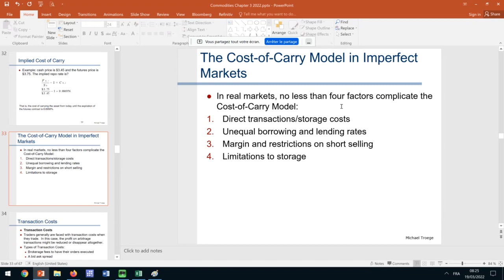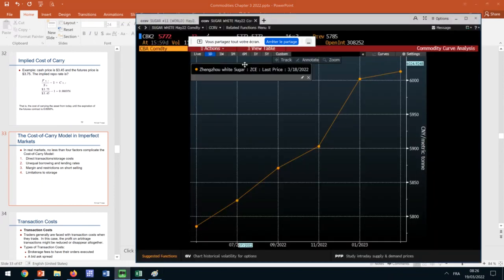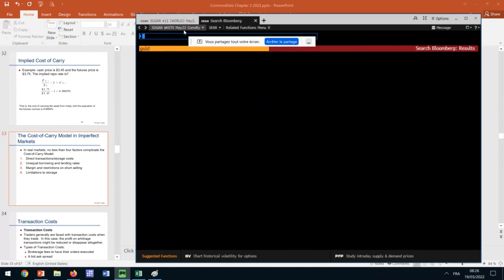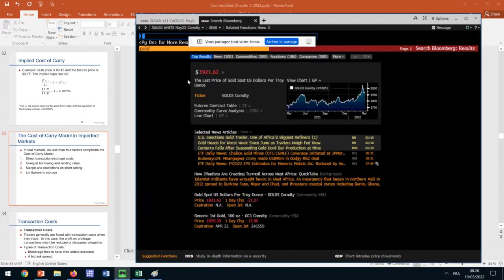People will indeed buy gold futures. So, what is gold at the moment? Let's do a real life example. Gold futures. This is the spot price, this is a troy ounce.